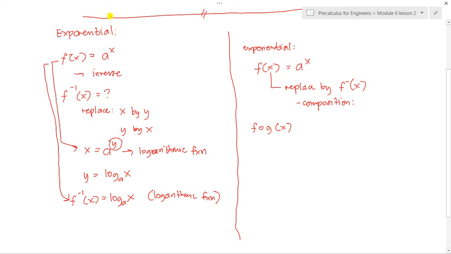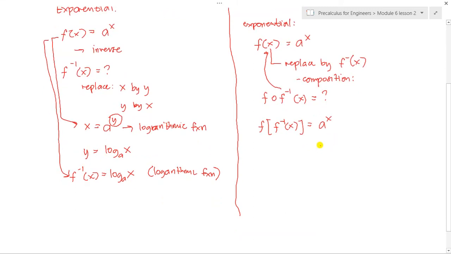Here, ours is f composed with the inverse, denoted as f composed with f negative 1 of x, which is equal to blank. So the entire f of negative 1 goes into x. That is the procedure of the composition operation on functions. So f composed with f of negative 1 of x is equal to a to the x.